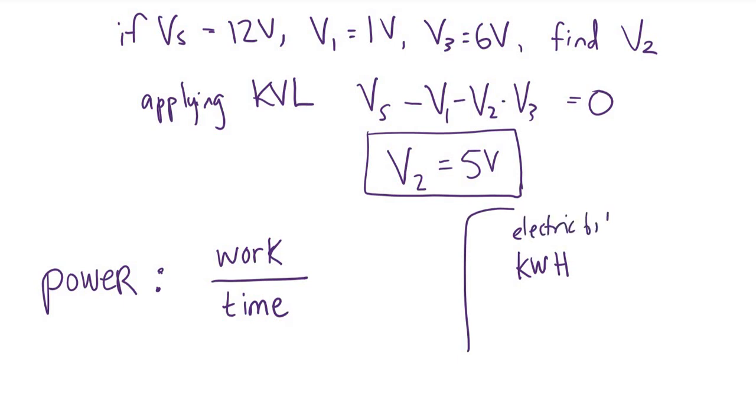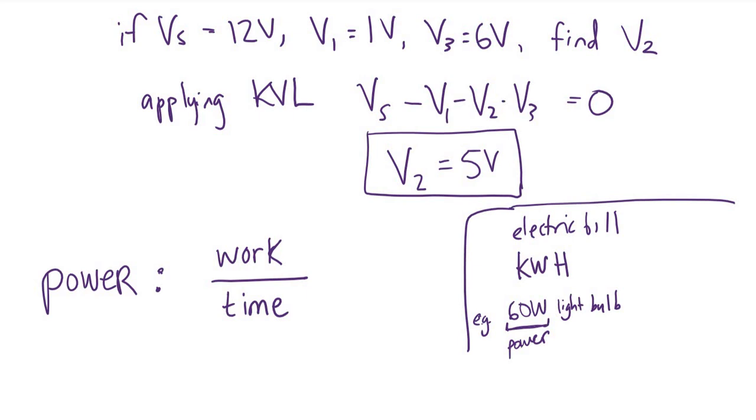So what they do is they take, for example, a 60-watt light bulb, and they multiply that 60 watts, which is the power, a per unit time quantity, times however long you had that light bulb on for.